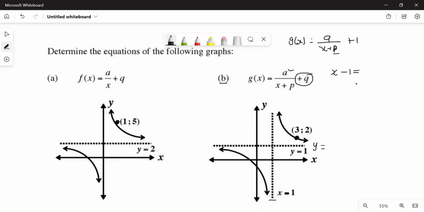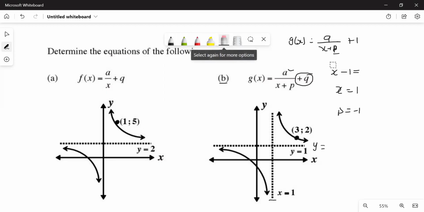If I say x minus 1 will it give me 1? x is going to be equal to what? So what is P then in other words? P is going to be equal to minus 1. So we should be careful there. P is not 1. But Q is whatever you see there. So Q is straightforward, but with P we take the opposite.